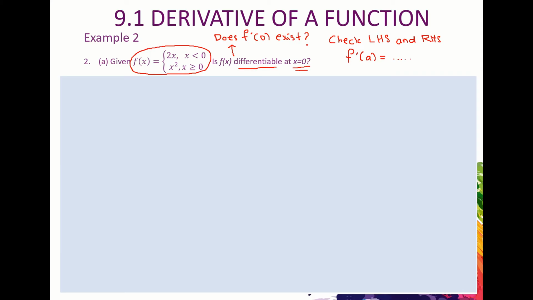So the first thing that we need to do is just imagine that you have a straight line, and that is your number line or your x-axis. As you can see, the only value of x that we have here is 0. So I'm going to put 0 somewhere in the middle.